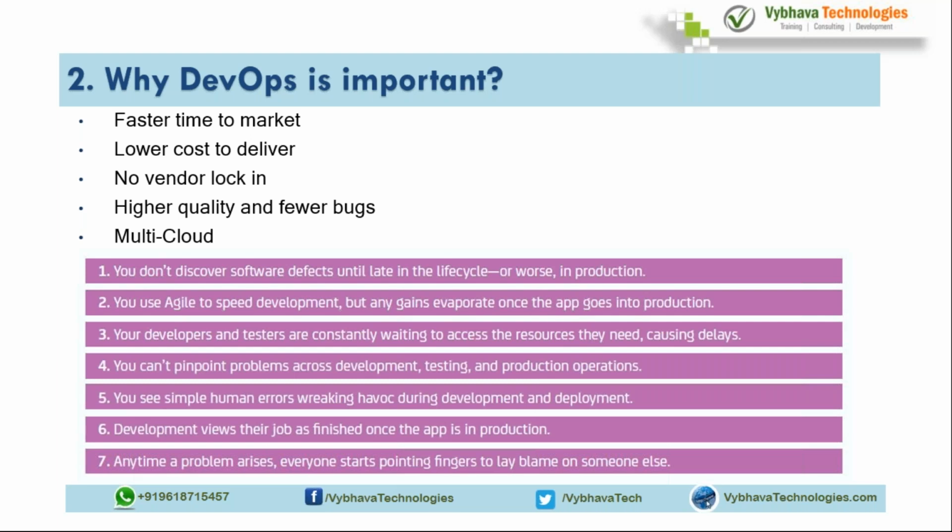You should not blame any one particular person. This is the DevOps culture, where everyone is equally ready to handle the problem or resolve the issue. That is the DevOps culture. So you see simple human errors whenever you see some of the processes in the older lifecycle model, the waterfall model.